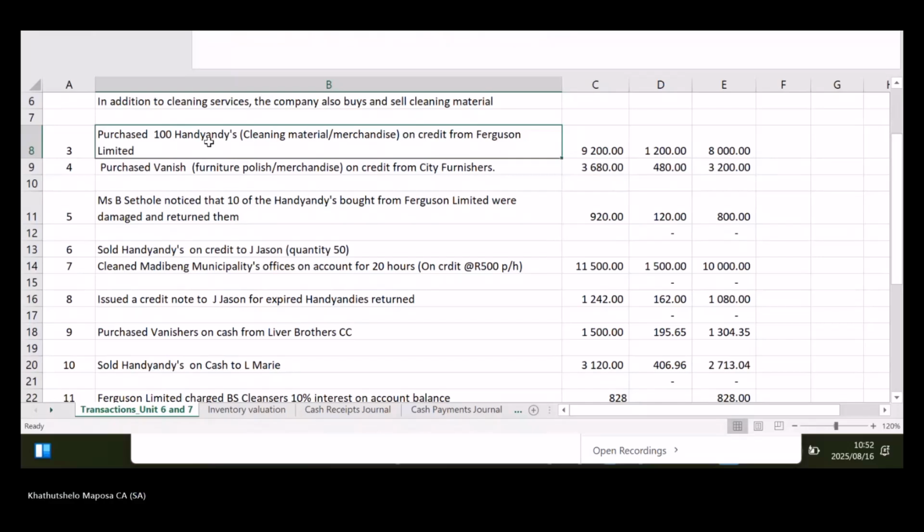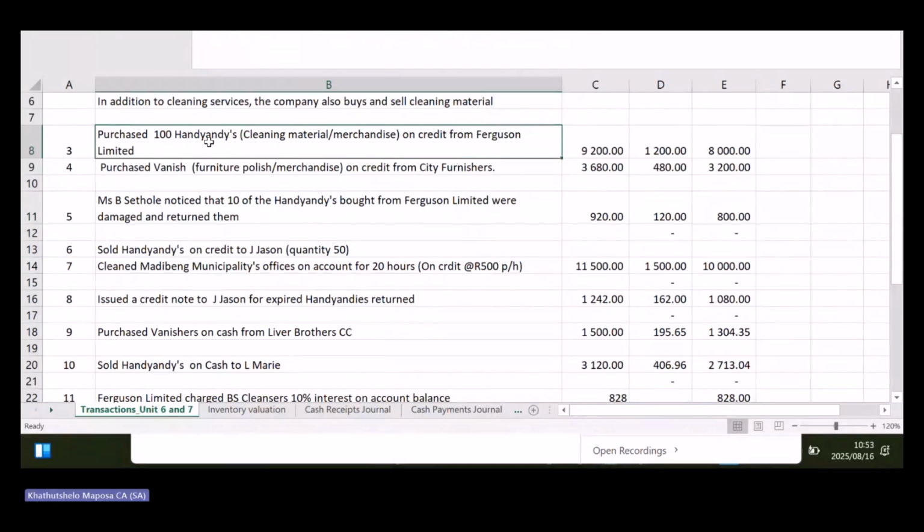Then number 6, we sold Handy Andy on credit. It's going to be the sales journal. Yes, that's the correct one. Number 7, we have rendered the cleaning service on credit. It's going to be the same as the previous one, the sales journal.